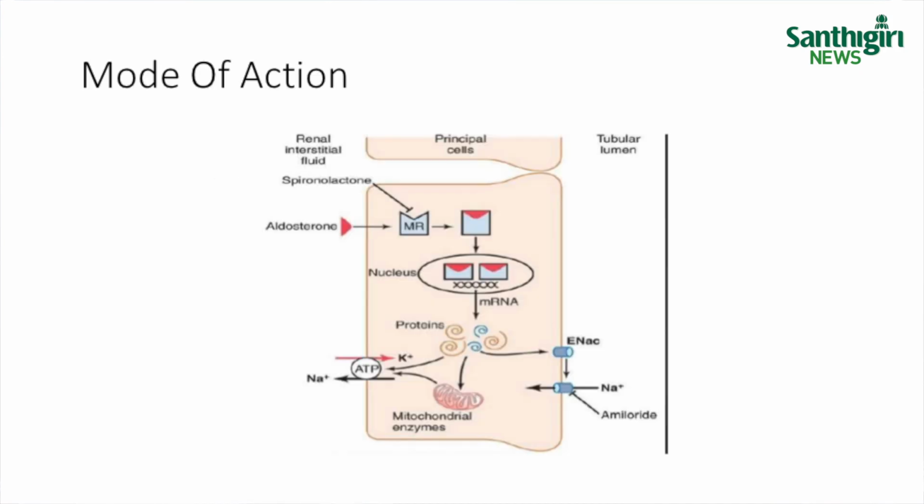In the target organ, its mode of action is as we have studied in the classification of hormones, group 1 hormones. I hope you remember all these portions. Being lipid soluble, aldosterone can easily pass through the plasma membrane. In the cytoplasm, cytoplasmic receptors are there.